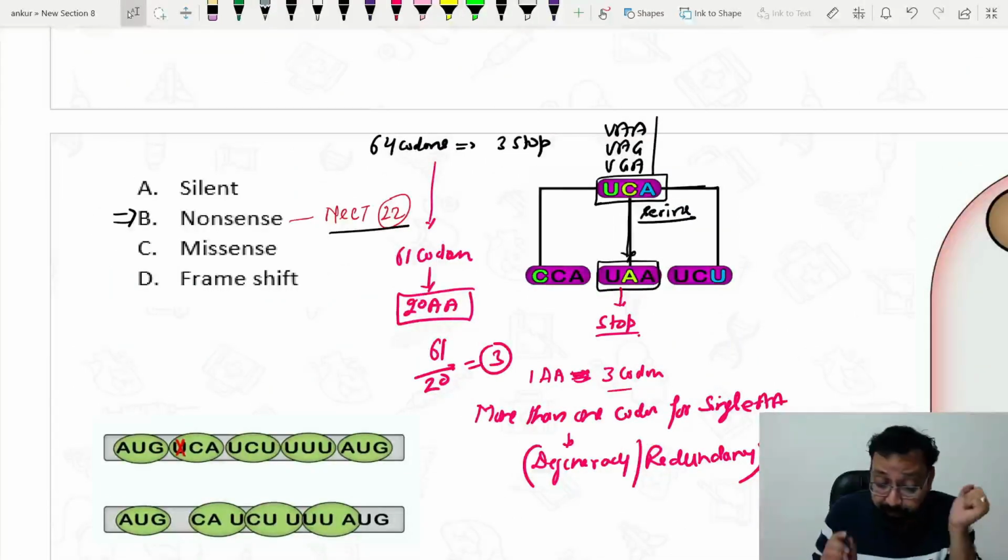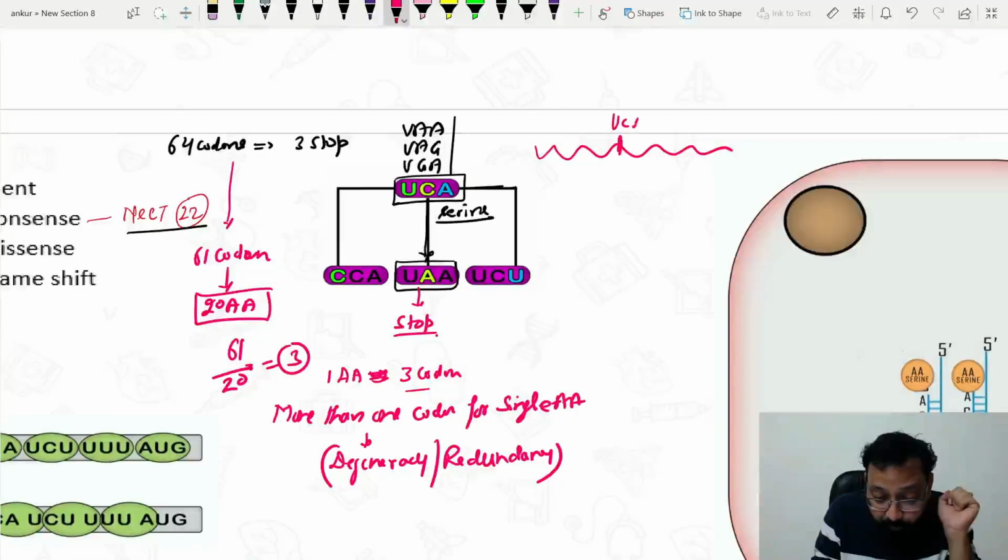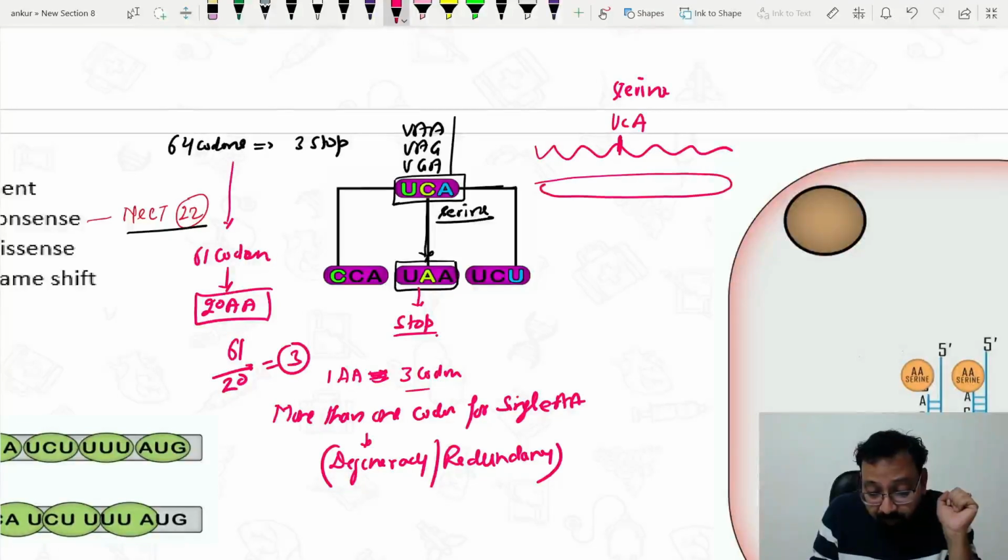What is silent mutation? Suppose this is messenger RNA. In this messenger RNA, at this position, there is UCA, coding for serine. If this messenger RNA takes part in protein synthesis, a serine amino acid would be there. Now a mutation occurred.